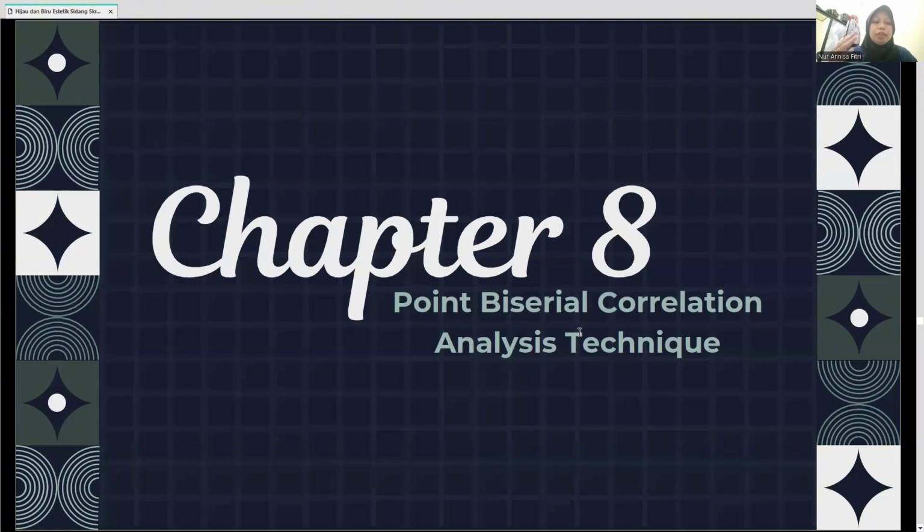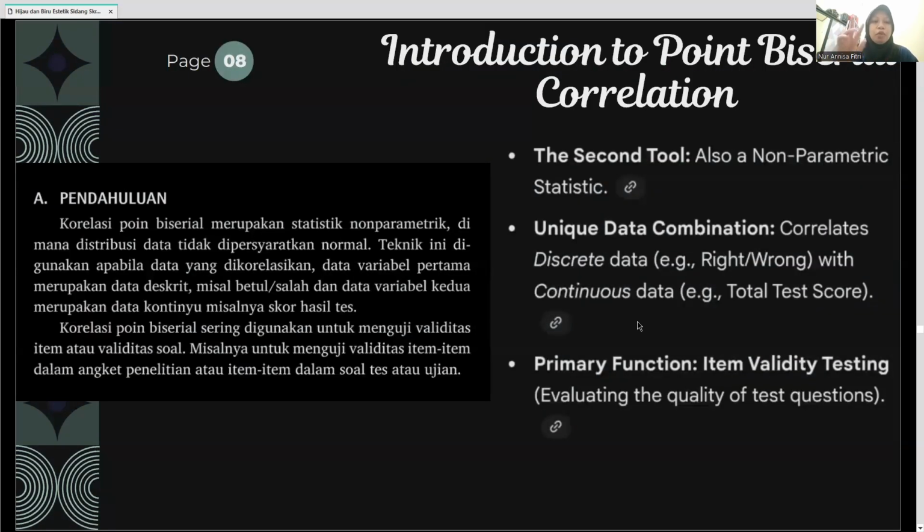So for example, imagine you create an English test. How do you know if question number 1 through question number 50 is actually a good question, or if it is just confusing the students? This is where point biserial comes in.